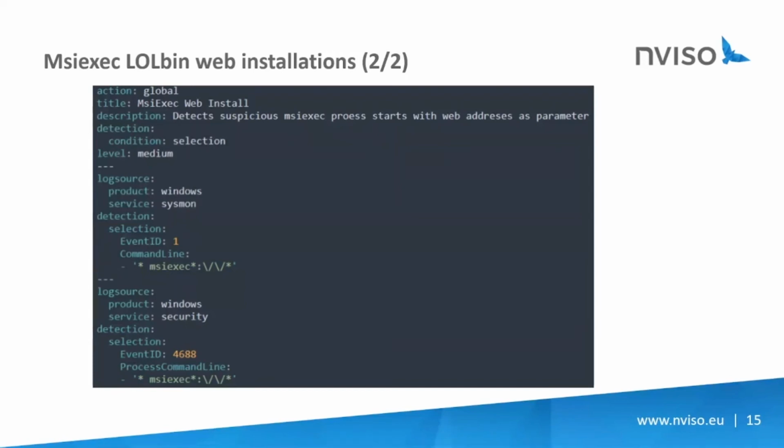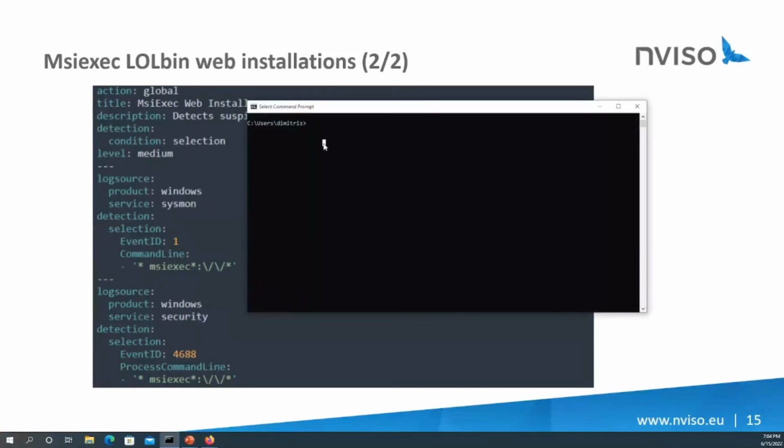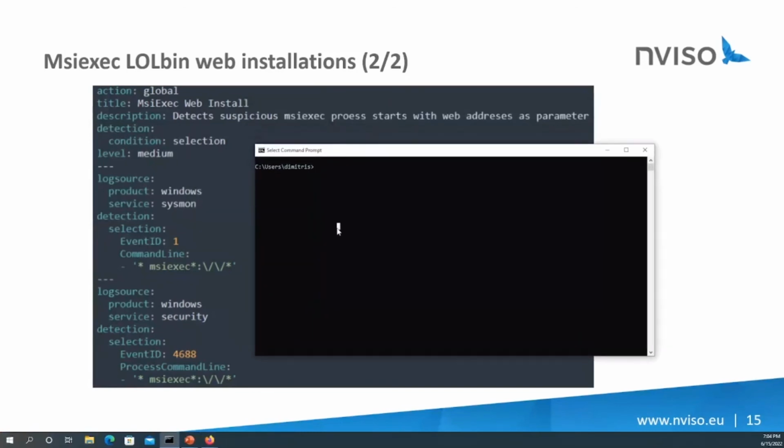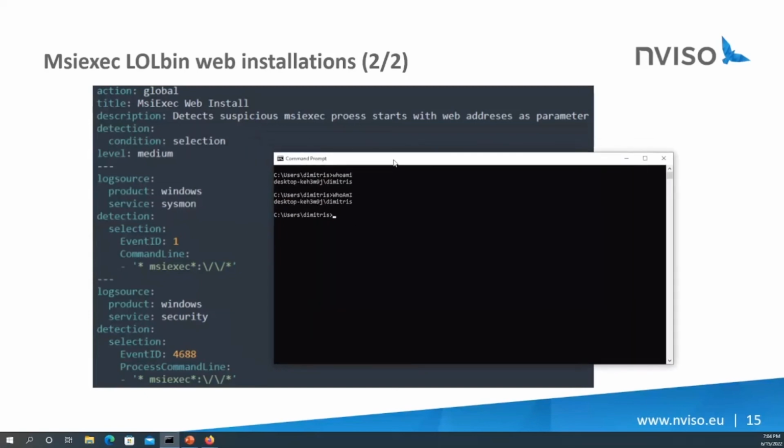So I'm gonna go ahead and explain. So hopefully you guys can see my command prompt, right? So I can go ahead and execute a command this way. Let's say I can type whoami, and indeed it works. But I could also type a command this way, and indeed it works also.